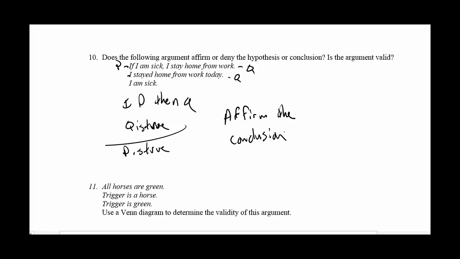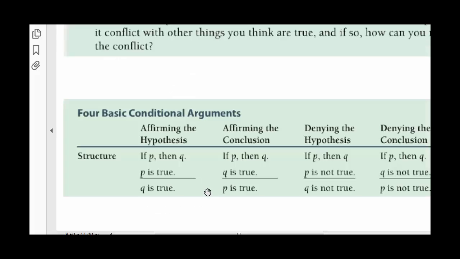Okay, now, can we do that is the other question. In other words, if I go with the first premise that if I am sick, I stay home from work, and the second premise is that I stayed home from work, can I assume that I am therefore sick? Logically, no. I mean, we've all had times where we stayed home from work. We might have said we were sick, but we really weren't. But that's not really where it's going from. Looking back at this chart, affirming the hypothesis is a valid conclusion and denying the conclusion is valid.